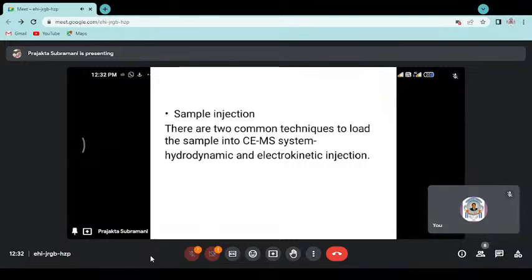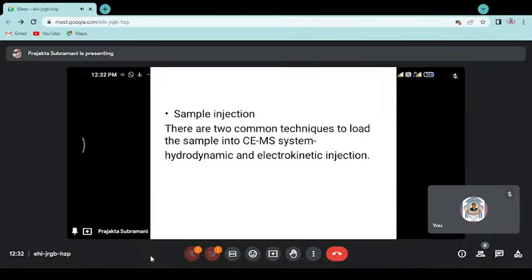In this method, high voltage is applied to the sample solution and molecules are loaded into the capillary by electromigration and electroosmotic flow of the sample. The electrokinetic injection improves the sensitivity compared to the hydrodynamic injection system. But when low voltage is applied, it takes a longer injection time.